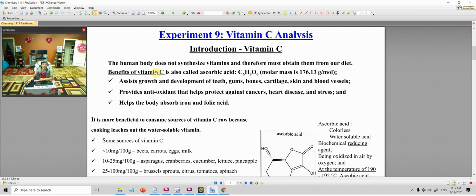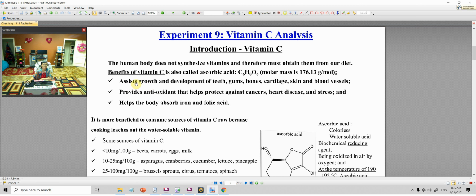Your vitamin C is known as ascorbic acid, which has the formula C6H8O6. This vitamin C is also known as a diprotic weak acid.